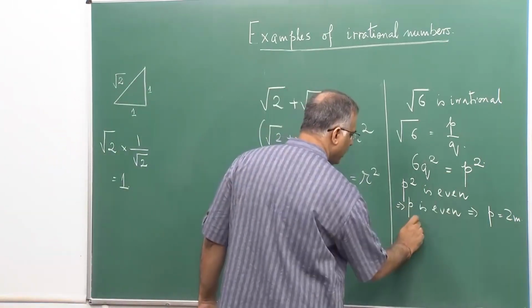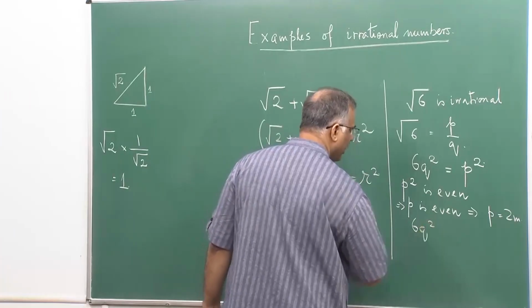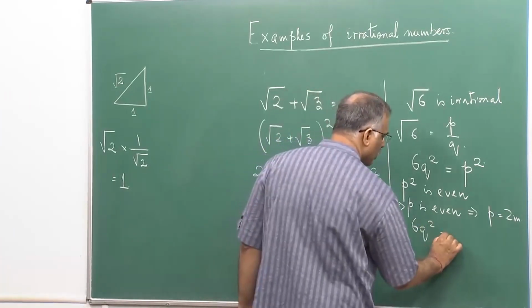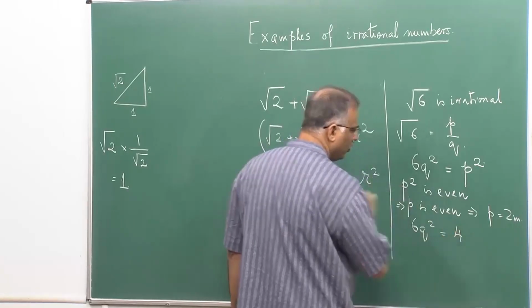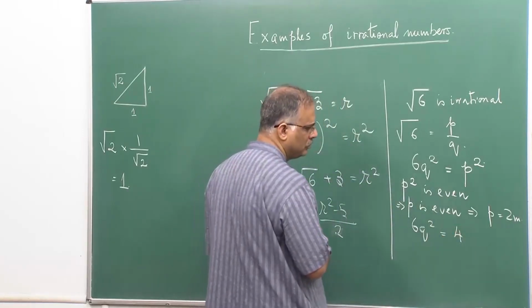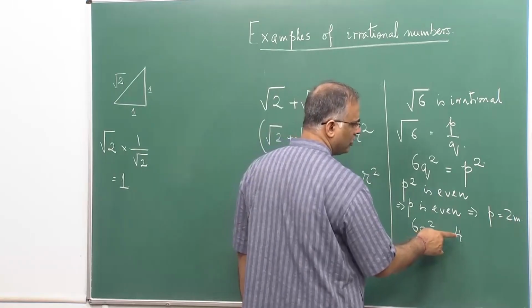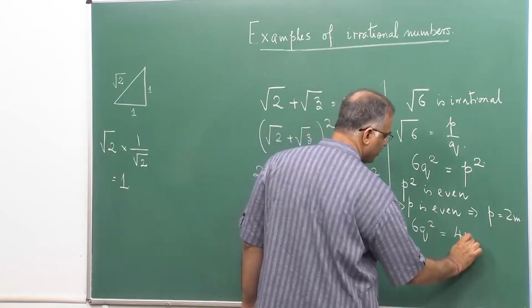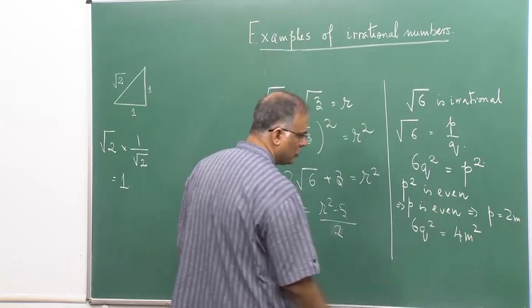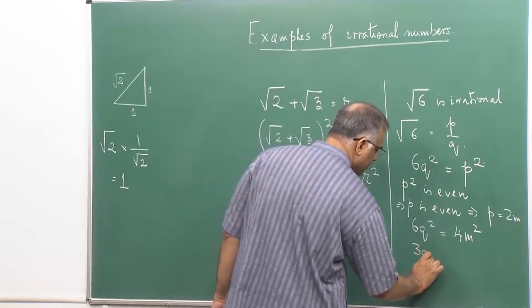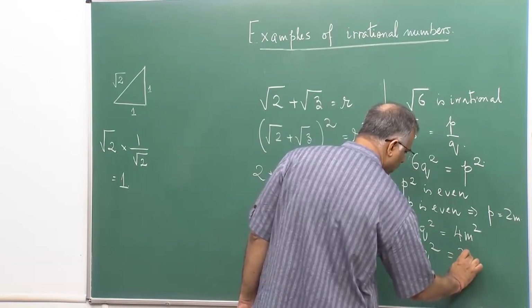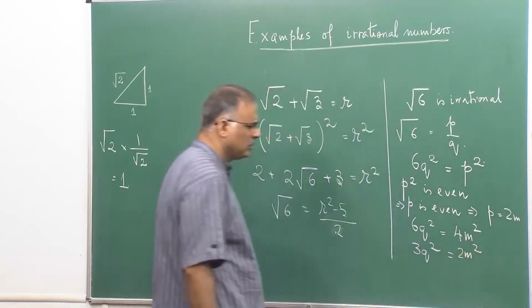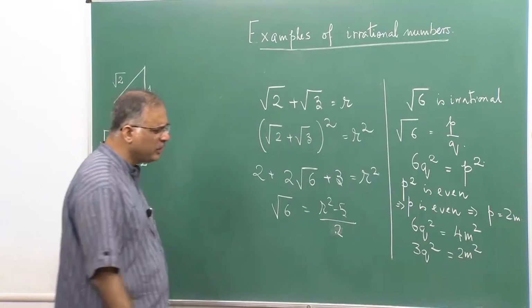Once you do that, you write 6q square is 4m square. So you are getting 3q square is 2m square. So what does it mean? It means that 3q square is even.